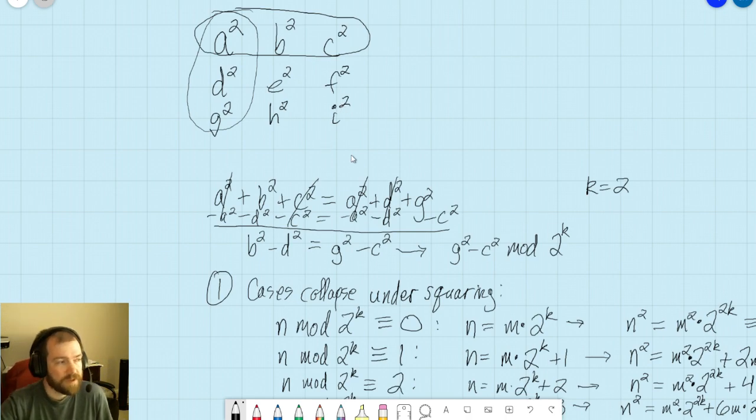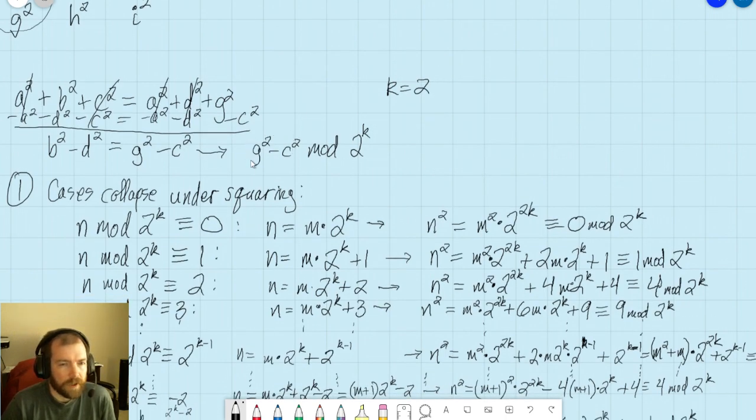So whatever rows you're picking, one of those terms will always subtract out from both sides, and it's gone. Then you can subtract terms from both sides and cross them over. And so we end up with b squared minus d squared is equal to g squared minus c squared.